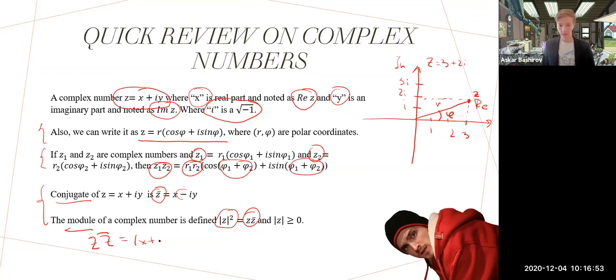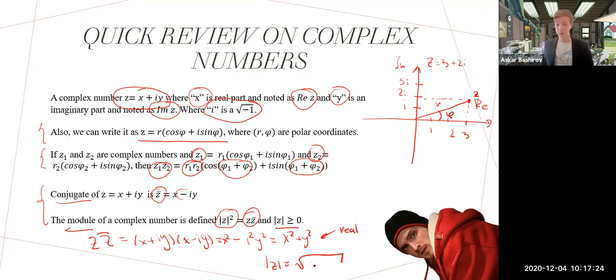It is (x + iy)(x - iy), which is x squared, then x times iy and minus iy times x cancel each other out, so we have negative i squared y squared, and i squared is -1, so we have x squared plus y squared. So this is real, which means the modulus of z has to be greater than or equal to 0. The actual value of the modulus of z is the square root of x squared plus y squared, and it's real and positive.